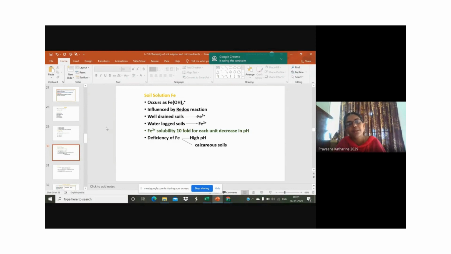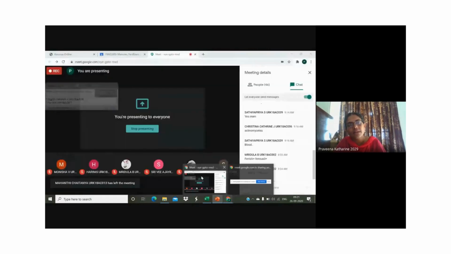Iron and aluminium are the characteristics of. Come on, make it fast. You have undergone a course on problematic soils. Acid soil contains. So long you take to answer.